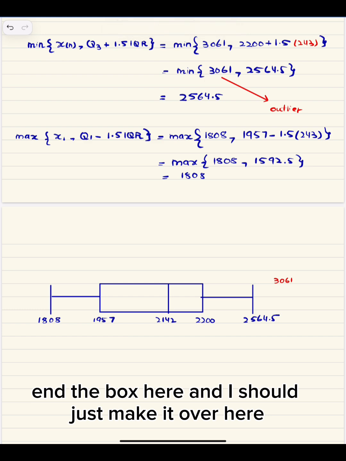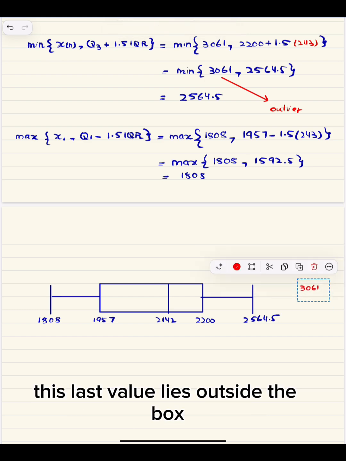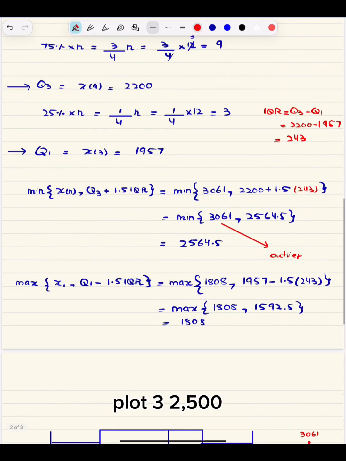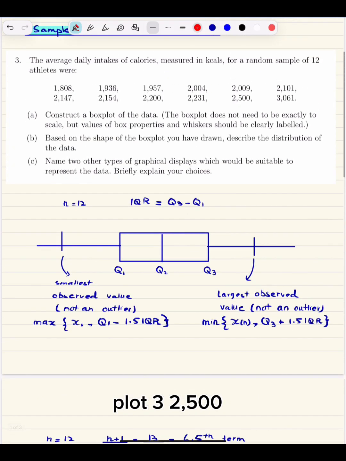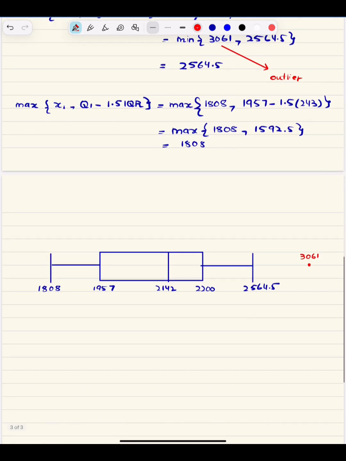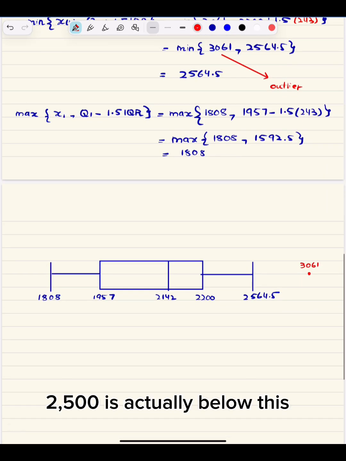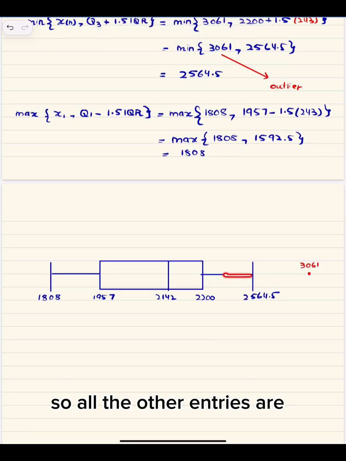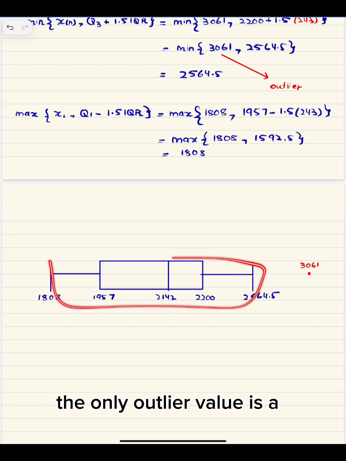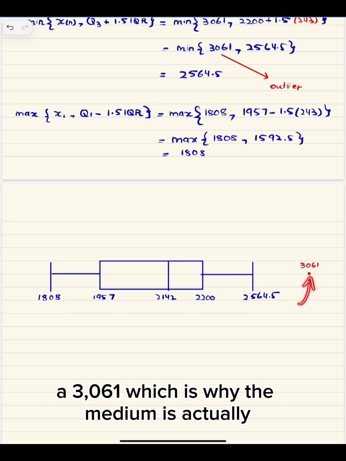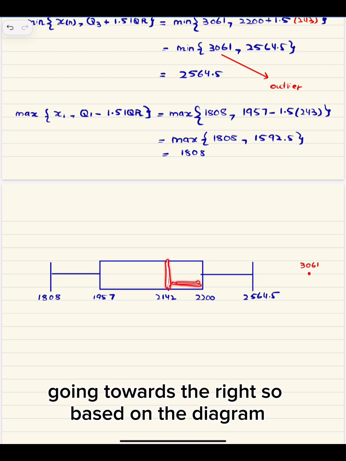I should just make the whisker end over here and show that this last value lies outside. All the other entries are below 2564.5, and the only outlier value is 3061.